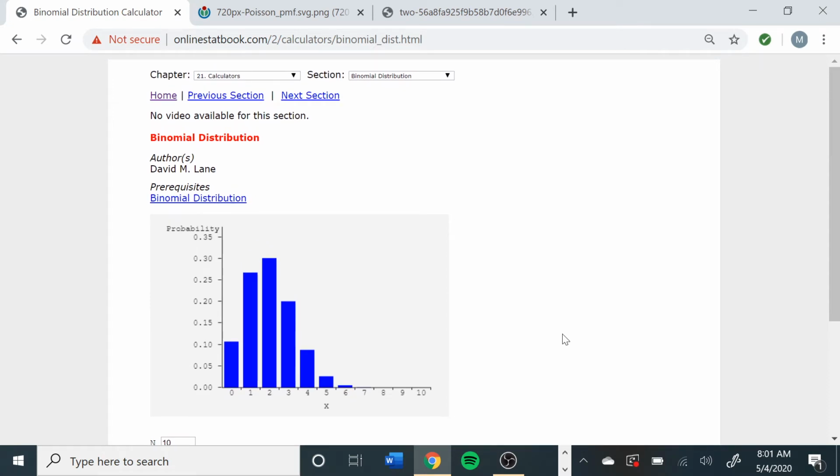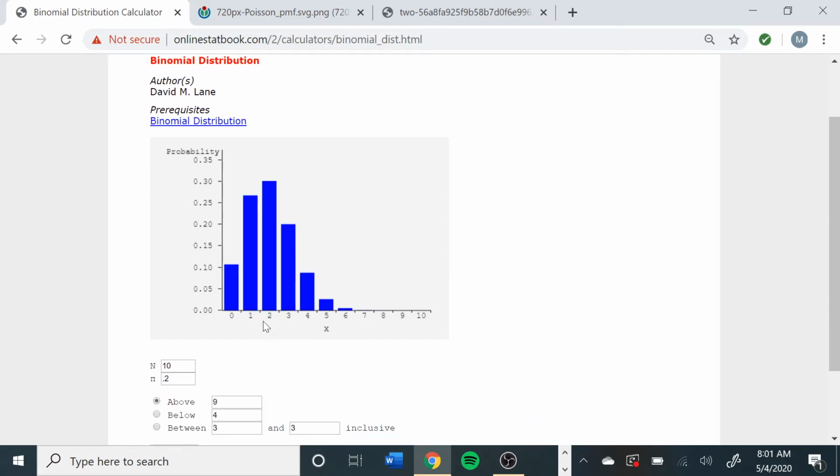Okay, now let's see what else we want to take a look at. One thing I really like about Lane's book is that we have these nice little visual aids that allow us to see what's going on when we're using these probability calculators. Now, unfortunately, not all of his calculators give us visual aids.